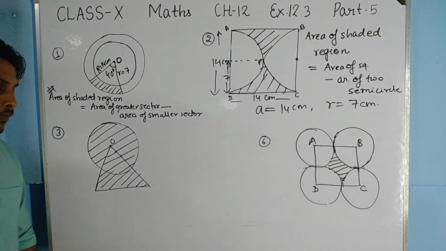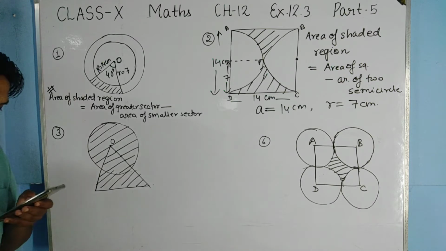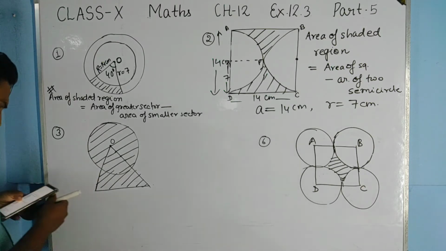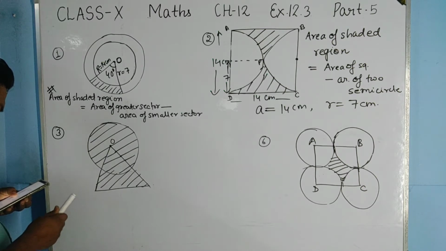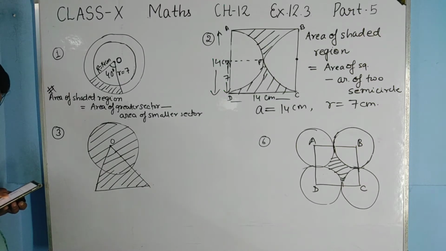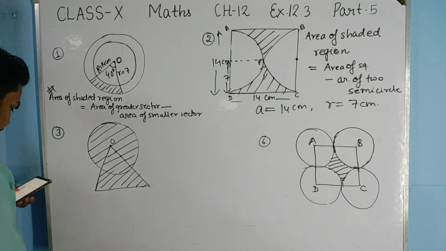In question number 3, it is said to find the area of the shaded region in the given figure where a circular arc of radius 6 centimeter has been drawn with vertex O of an equilateral triangle OAB of side 12 centimeter as center.